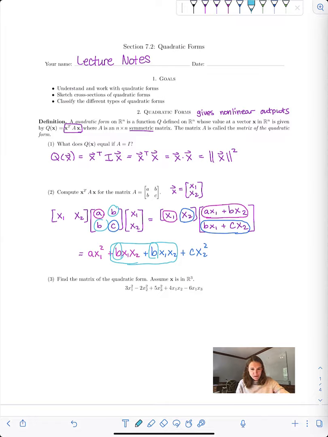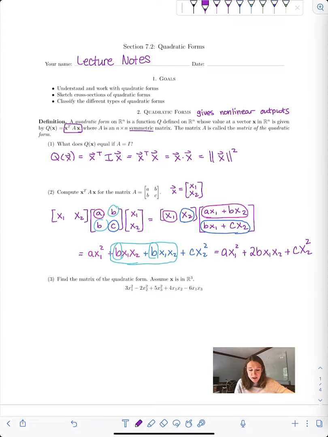Okay, and we could rewrite that as AX1 squared plus 2B x1 x2 plus CX2 squared. So that's how you go back and forth between the matrix and the actual equation, at least for a 2 by 2 matrix.